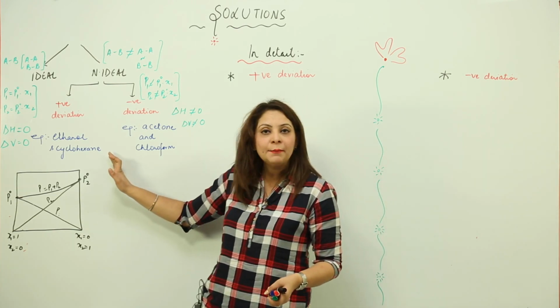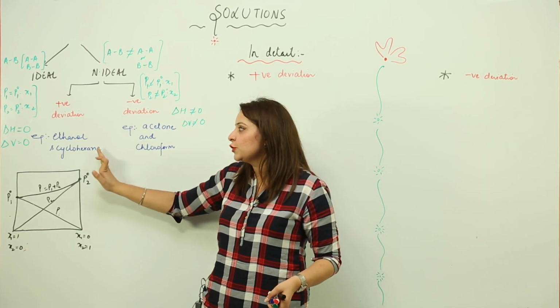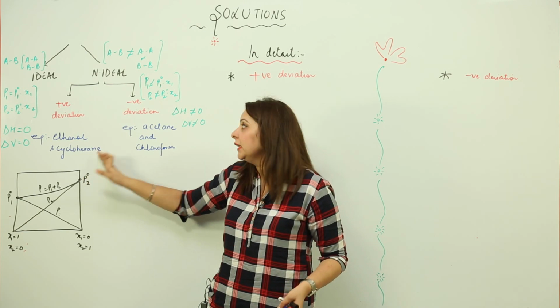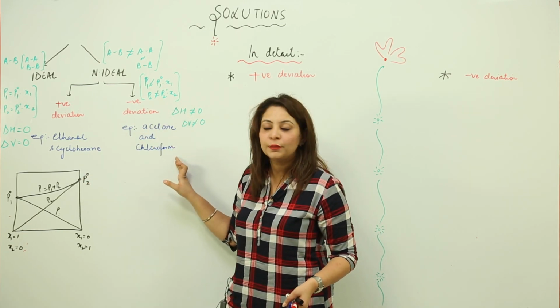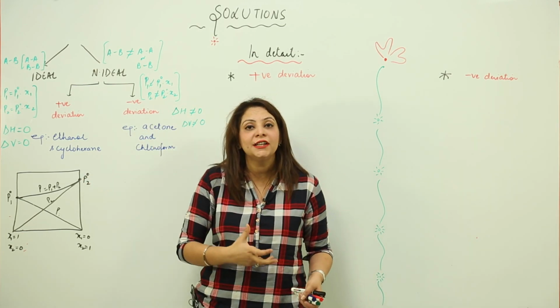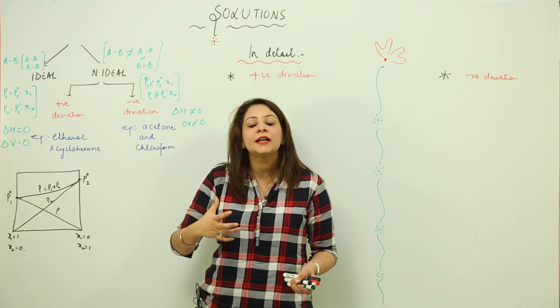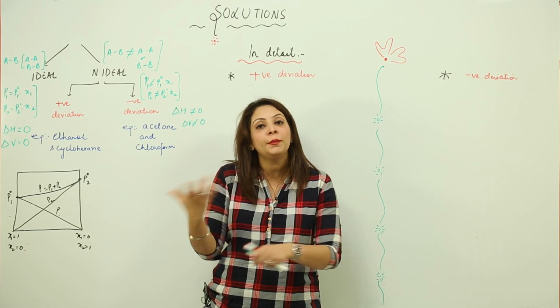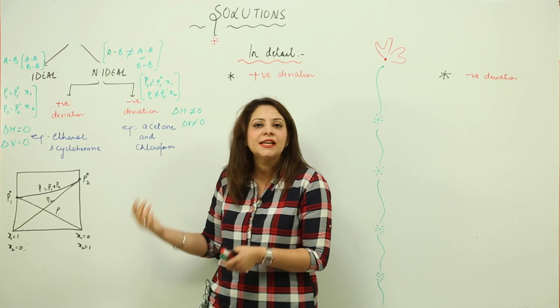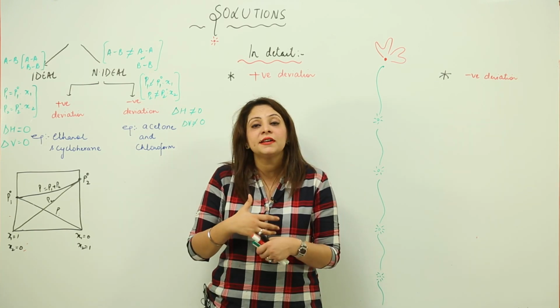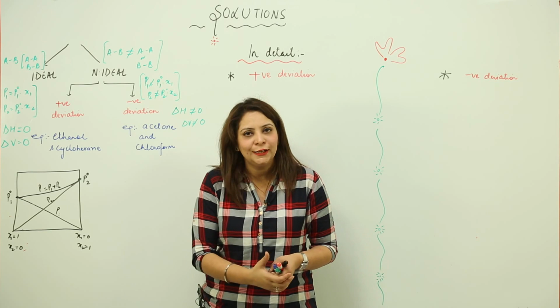I have one example each for you. For positive deviation it is ethanol and cyclohexane, and for negative it is acetone and chloroform. We will be discussing how in one case the vapor pressure is being increased and how in the other it is being decreased, despite both being non-ideal solutions, right.